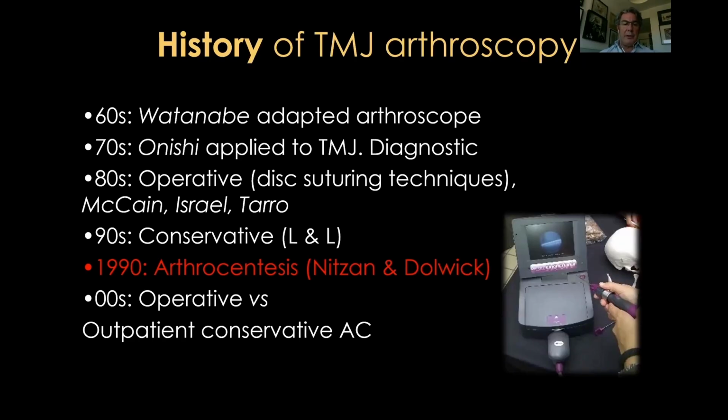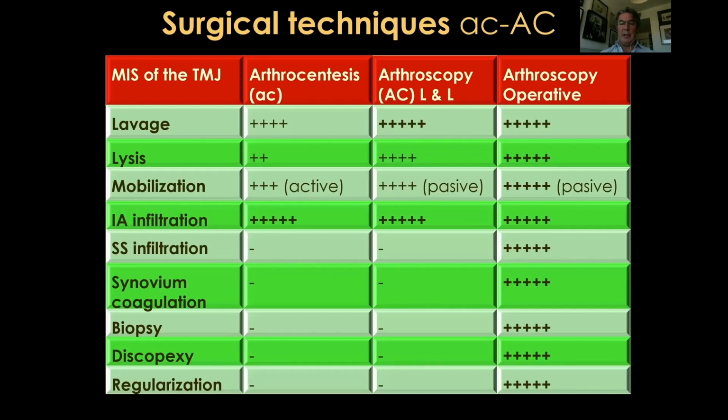Then there were operative suturing techniques and so on by different authors that you already know in the 80s. Then we moved to a conservative approach, because with lysis and lavage we saw that we had very good results. And then there was an explosion, but with the incoming of arthrocentesis, with very good results and low morbidity. Right now, we know that we have a big interest in arthroscopy.